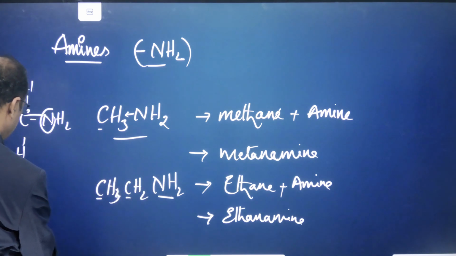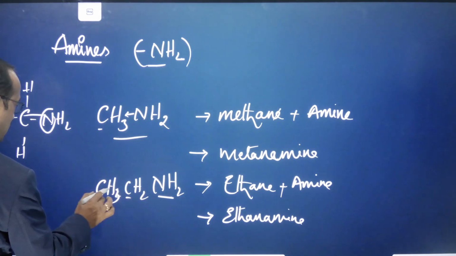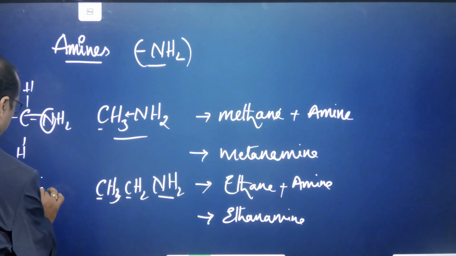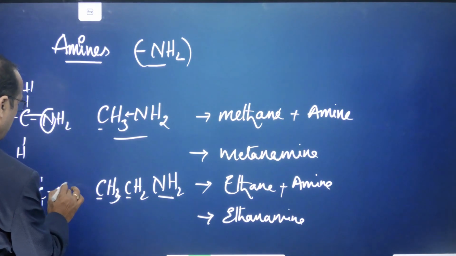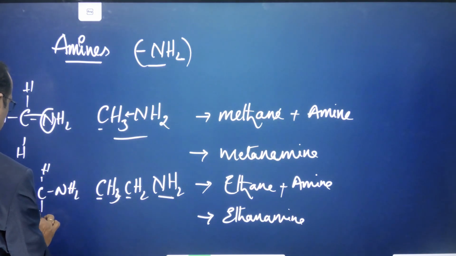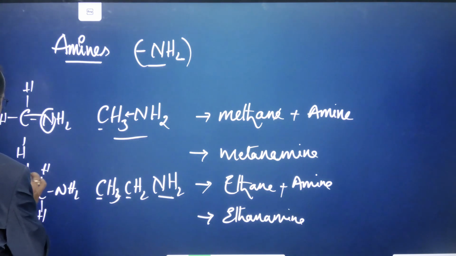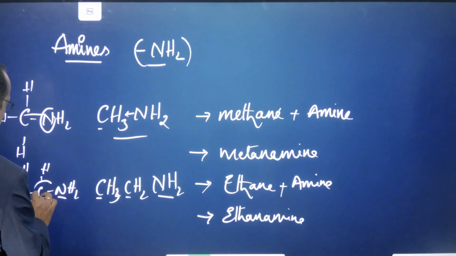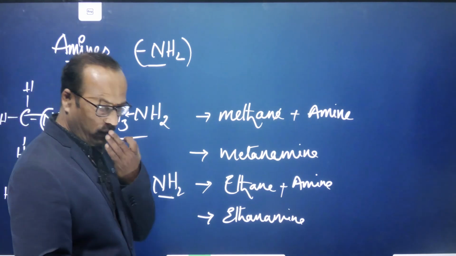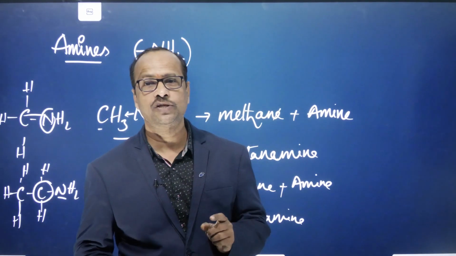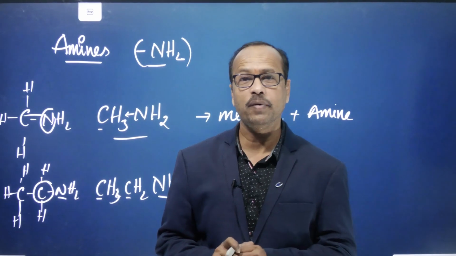Here also, CH3, CH2 and NH2, the nitrogen is attached to only one carbon. If the amine functional group is attached to one carbon, then that is called a primary amine.